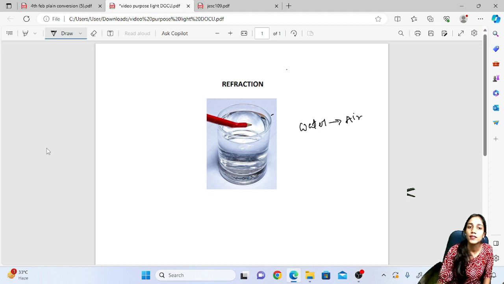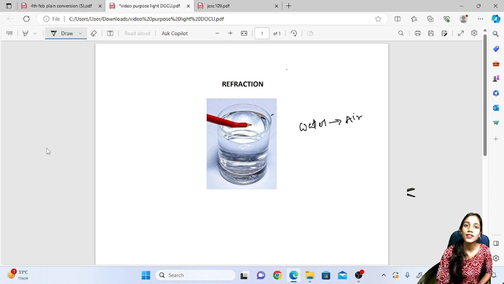Now when we say water to air, these are two types of media. How do we differentiate media? We differentiate media by means of their density. Water is a denser medium and air is a rarer medium. So the ray of light travels from a denser to a rarer medium, from one medium to another.